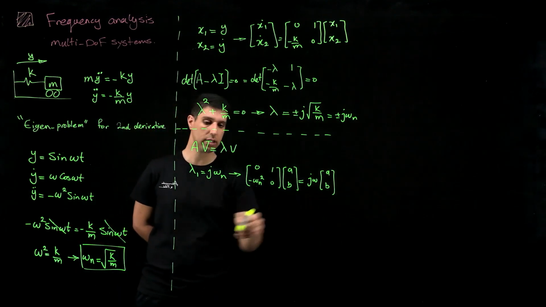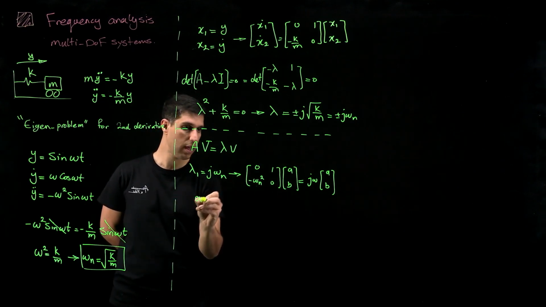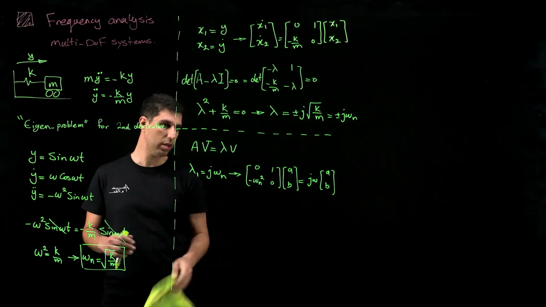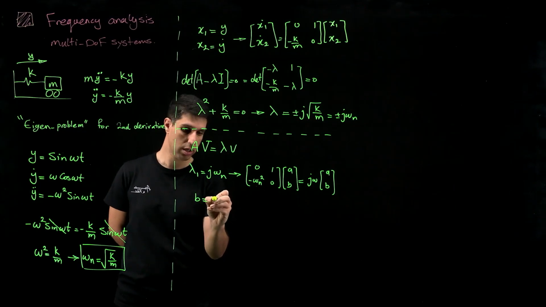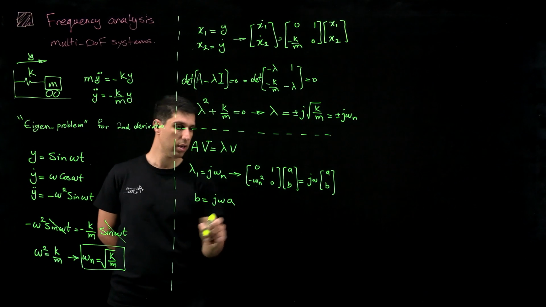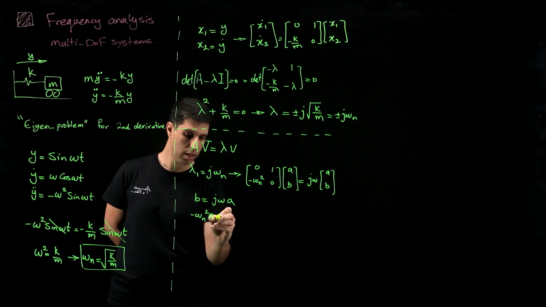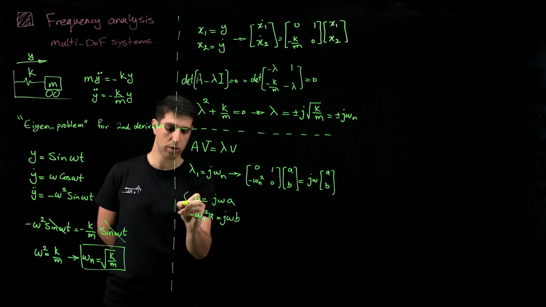So I have this set of equations. I have 0a plus b equals j omega b, the first line. So b equals j omega a, and the second one, minus omega n squared a equals j omega b. These are the two equations.